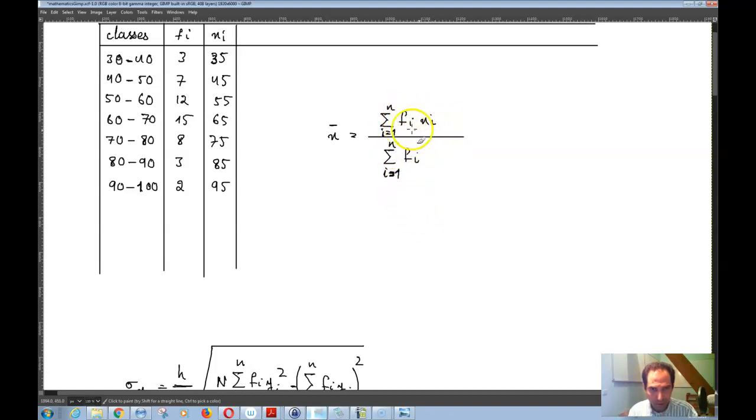I would need to calculate f of i times x of i, which is these values multiplied together as a new column.